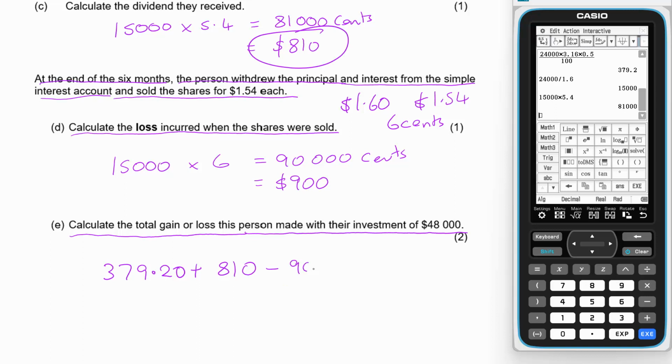But then they lost $900 when they sold the shares. So we've got 379.20 add 810, take away 900, giving us $289.20.